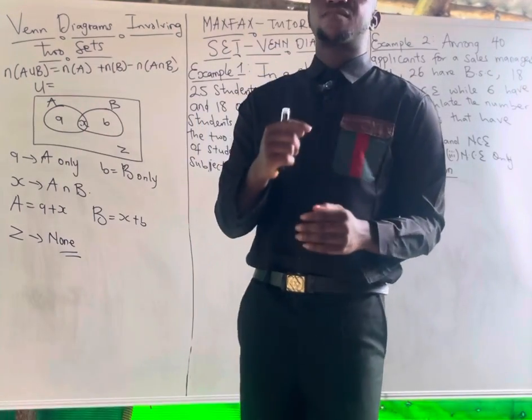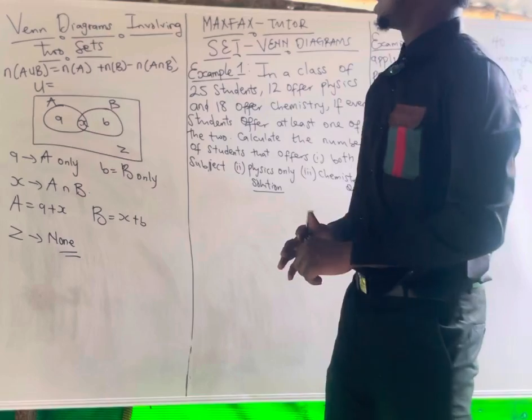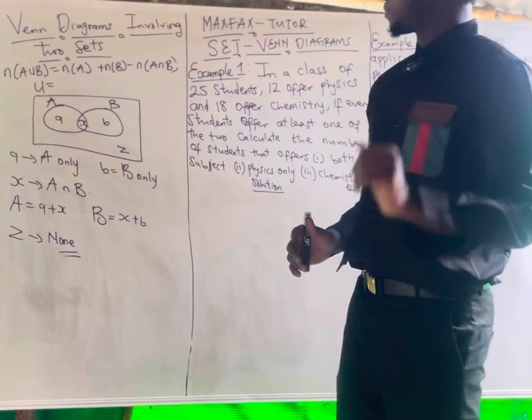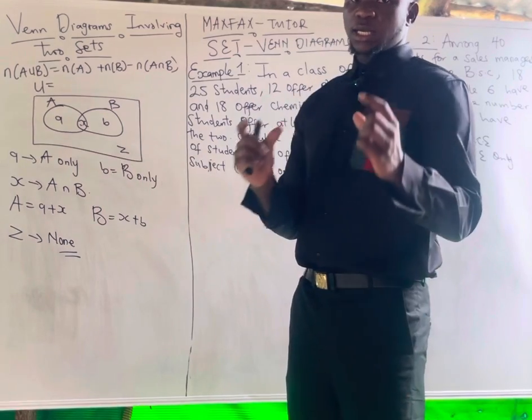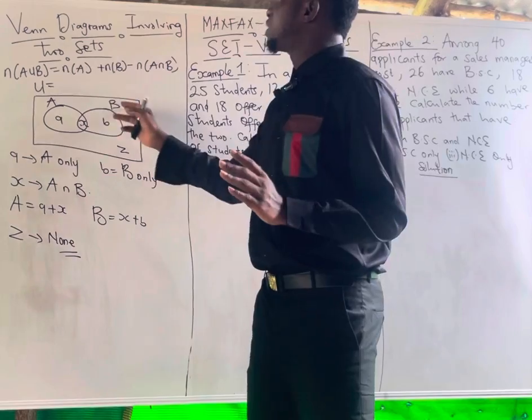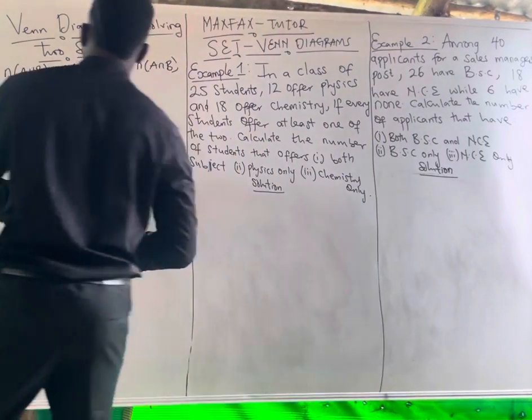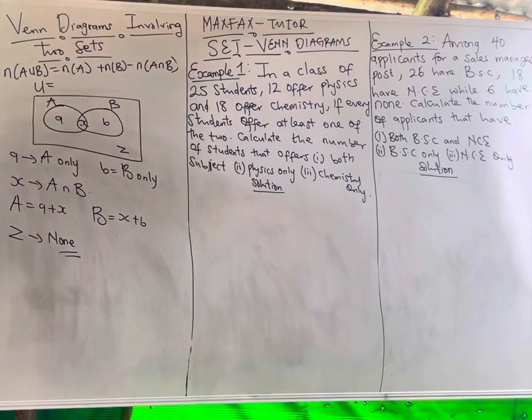You will see that in our previous video, we talked about what we mean by the universal set. Guys, you have to understand this. If there is none, that is, those that do not do any of the two sets, your universal set will not be equal to A union B. So guys, note this.